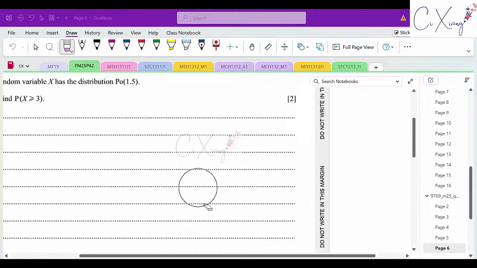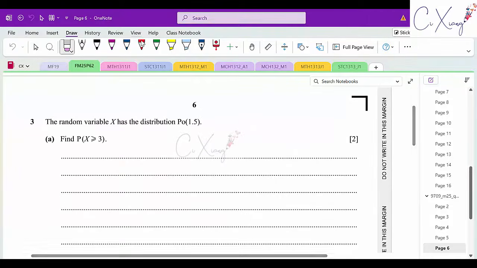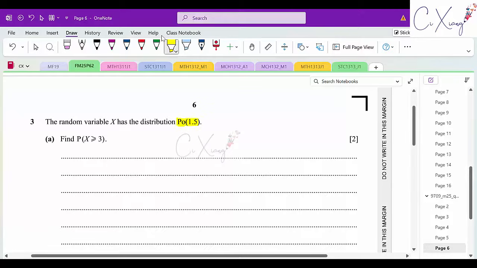So we are now at question number 3. We are given a random variable X, which is Poisson distributed with mean 1.5. Find the probability of X greater than or equal to 3.